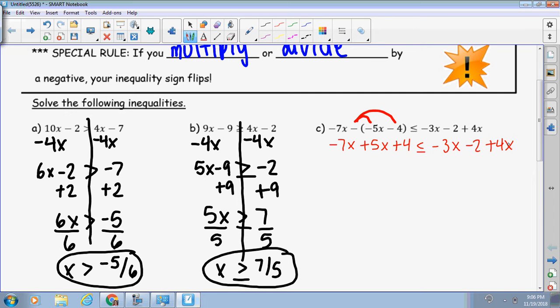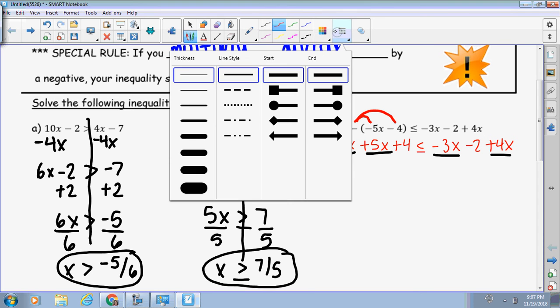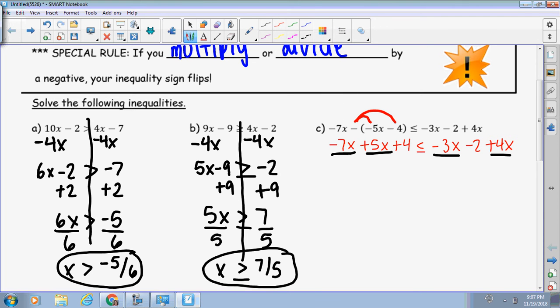I'm going to combine my terms on both sides. So I'm going to put my x's together on both sides. So that gives me negative 7 plus 5 is negative 2x plus 4 is less than or equal to negative 3 plus 4x minus 2.